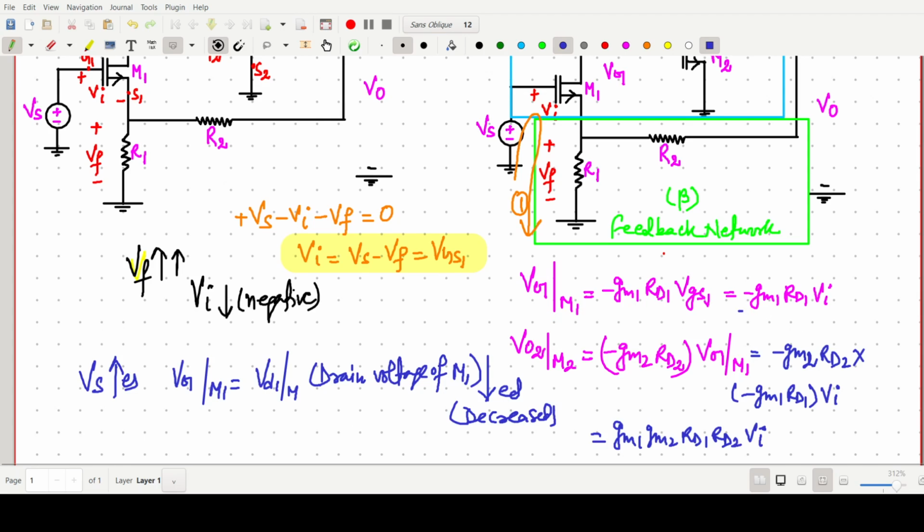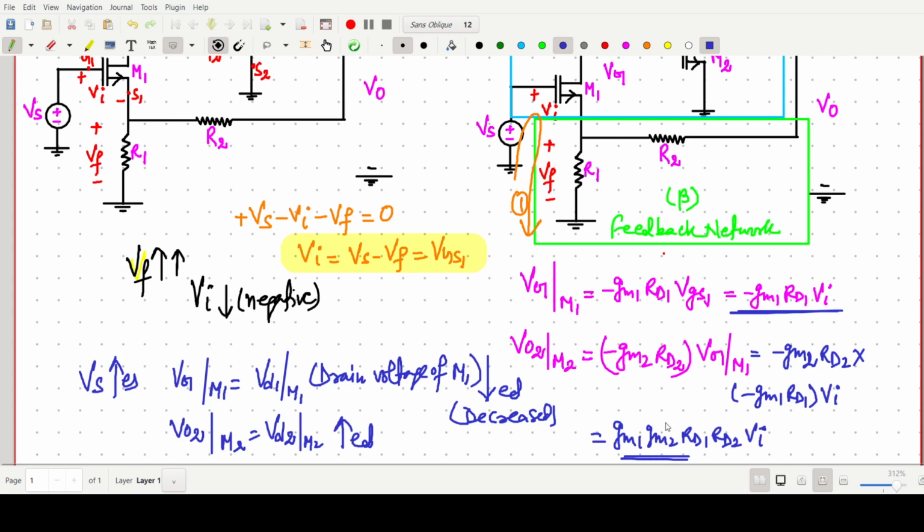But on the other hand, V naught 2, that is our output, the drain voltage of M2, will increase, because this one has a positive sign.